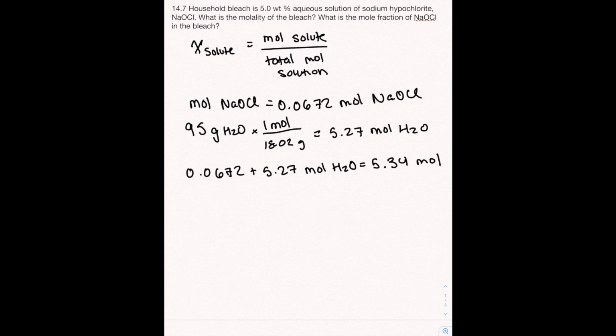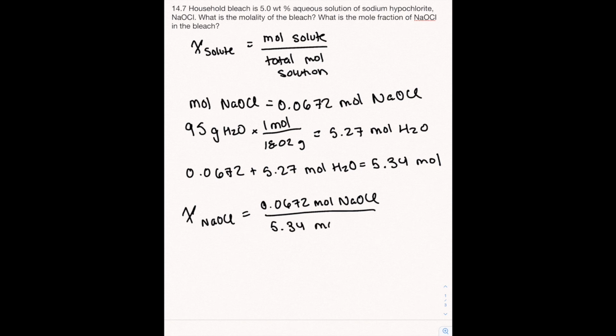Now we have all the information we need in order to solve for the mole fraction, so we can go ahead and plug our values in to the equation of the mole fraction. So the mole fraction for NaOCl is the amount of moles of NaOCl, which is 0.0672, over the total moles of solution, which is 5.34 moles.